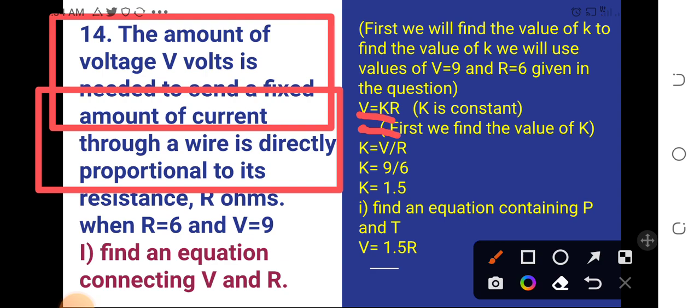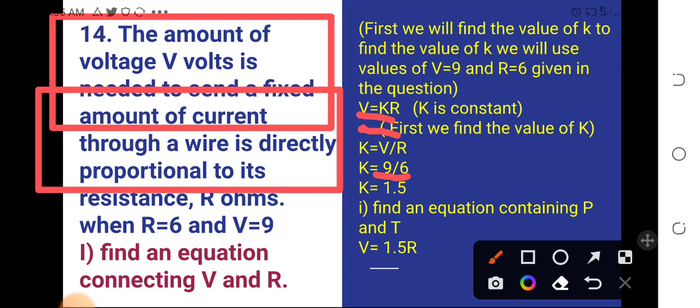we will make an equation, and by taking R to the left hand side, we will get K is equal to V upon R. And by putting values of V and R, we get K is equal to 9 upon 6.